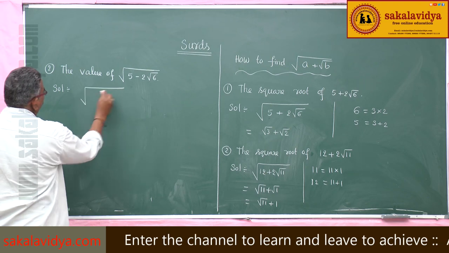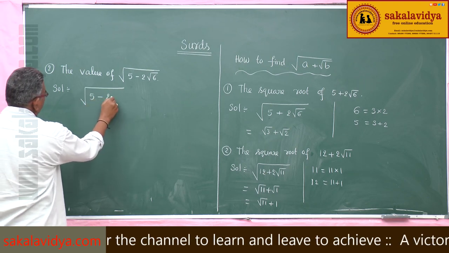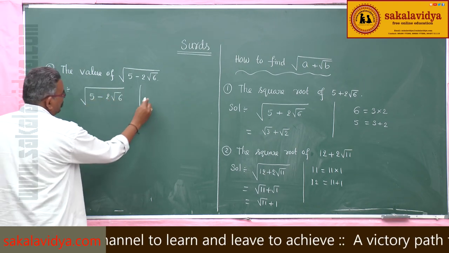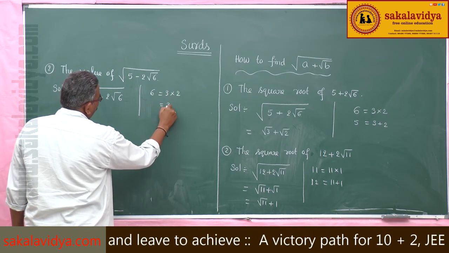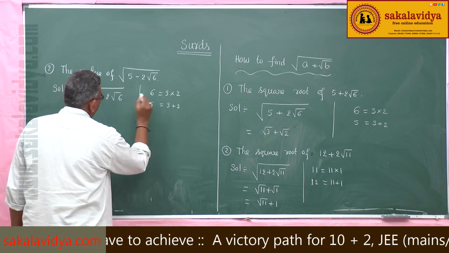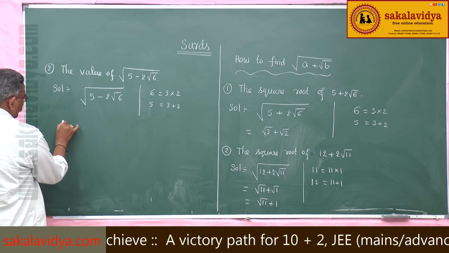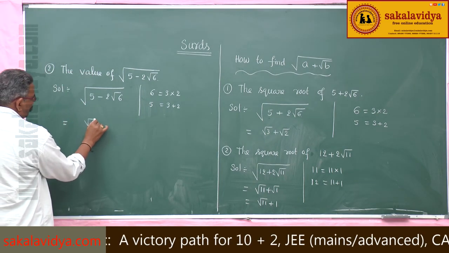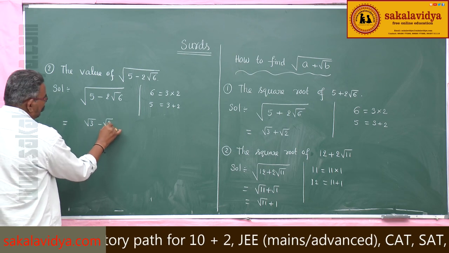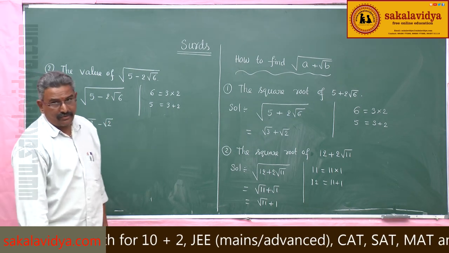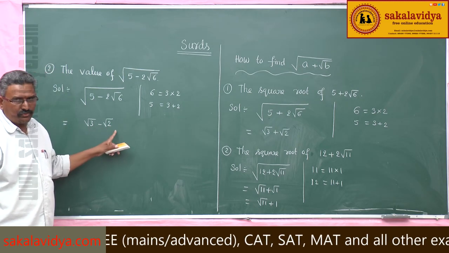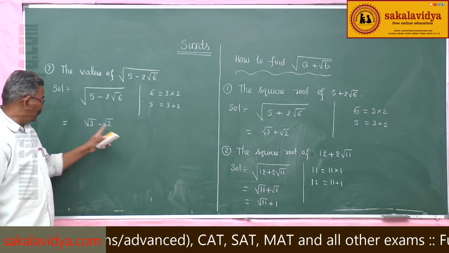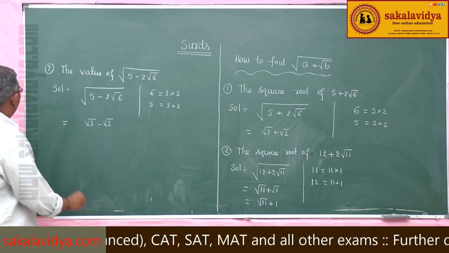Same procedure: 6 can be written as 3 into 2, whereas 3 plus 2 is equal to 5. So, we can write the answer is root 3 minus root 2. Always we have to consider the positive square root. That means 3 is greater than 2, so root 3 minus root 2 we have to write. We should not write root 2 minus root 3.